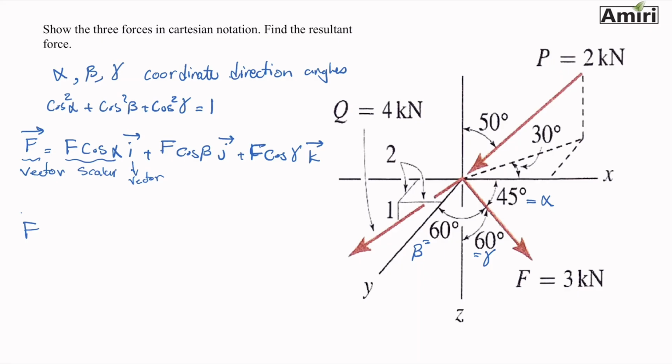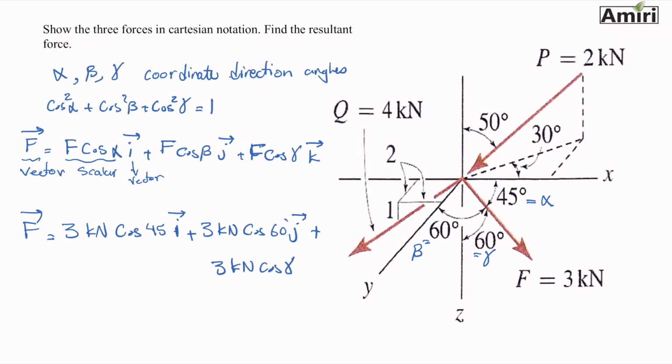All right, so let's write vector F. We're looking at F, which is 3 kilonewtons. 3 kilonewtons cosine alpha, which is 45, i, plus 3 kilonewtons cosine beta, which is 60, j, plus 3 kilonewtons cosine gamma, which is 60, k.